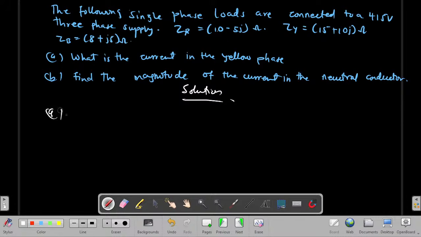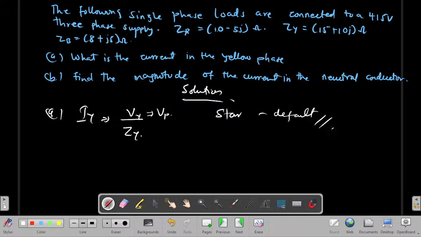So to find the current in the yellow phase, IY is simply equal to the voltage over the impedance ZY. As simple as that. And this should be the voltage across Y, which is the same as the phase voltage VP. Now, they didn't mention anything, but remember, if nothing is mentioned, it is star by default. Take note of this.